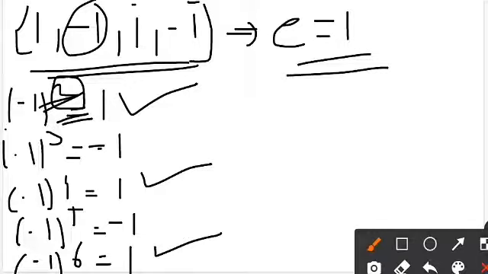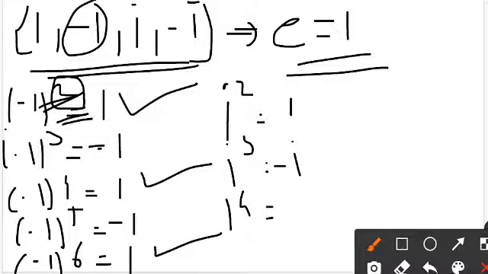Likewise, if we consider i, then i square is -1, i cube is -i, and i raised to 4 is 1, right? Therefore, order of i is 4.